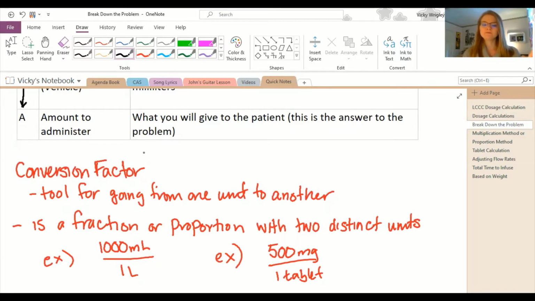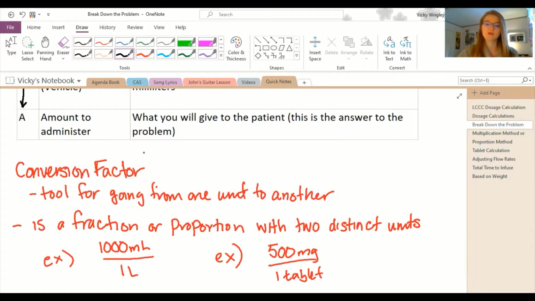The first one, 1,000 milliliters over 1 liter, is going to be consistent throughout every problem that you have. There will always be 1,000 milliliters in 1 liter. But the second one, depending on the question, the drug, and the patient, there may be different amounts of milligrams within tablets. So there are 2 different kinds of conversion factors there.